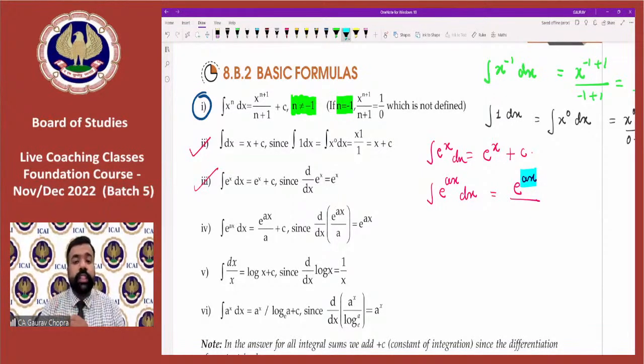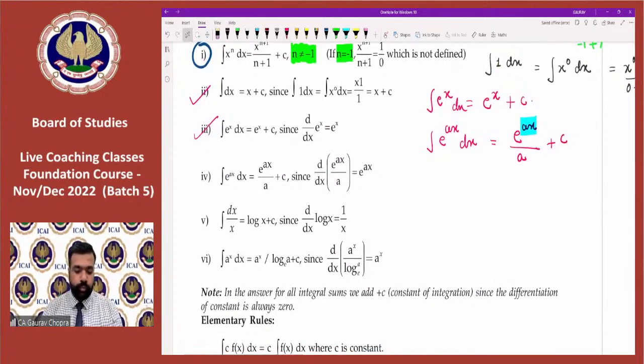We know that differentiation of ax is simply a. So we will divide it by a and then write the constant. So e to the power of ax dx is equal to e to the power of ax divided by a, and then we will add the constant. So this was formula number 4.